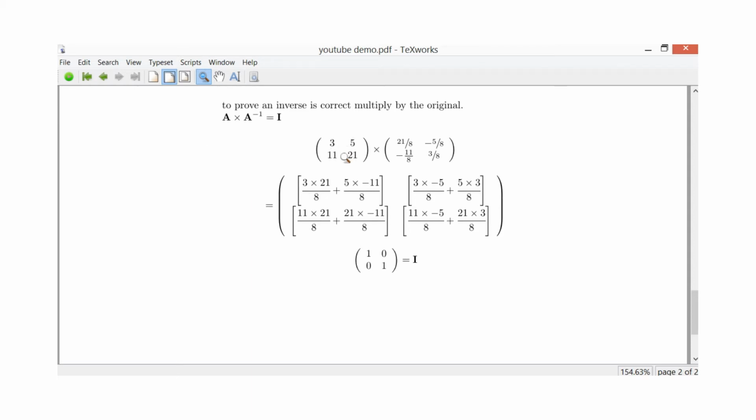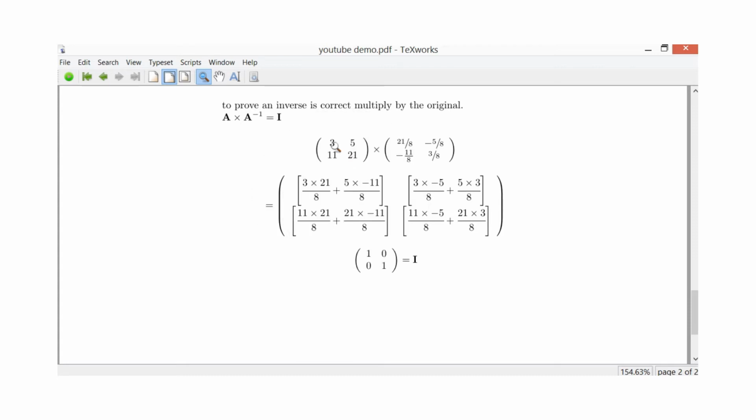So 3, 5, 11, 21 times 21 over 8, minus 5 over 8, minus 11 over 8 and 3 over 8. Using our matrix multiplication formula, which we showed in the previous video, we go 3 times 21 over 8 plus 5 times minus 11 over 8, which gives us this one here, top left.